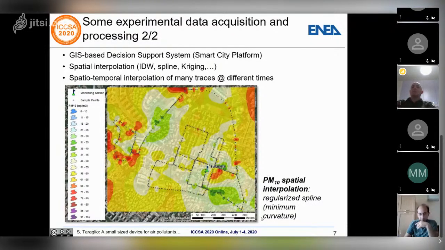So that when this experimental phase is closed, we have an operational system in which the graphical visual interface will be able to show a map such as that one that you can see in this figure, in which we have interpolated by means of regularized spline method the PM10 acquisition shown in the previous slide.